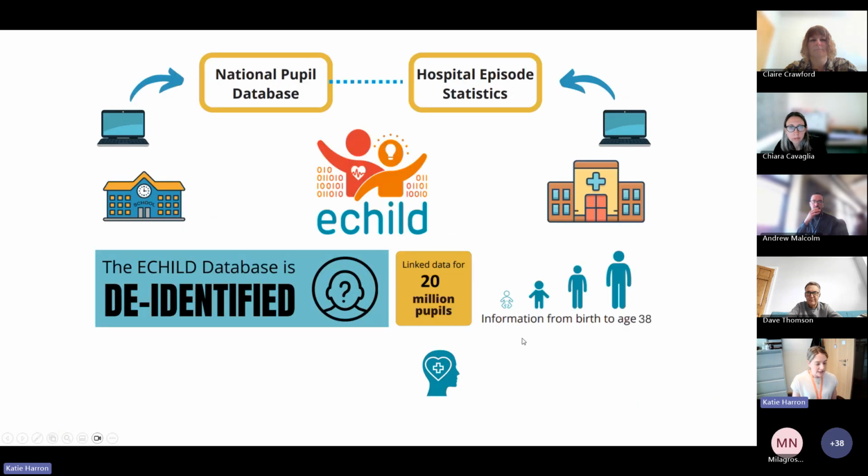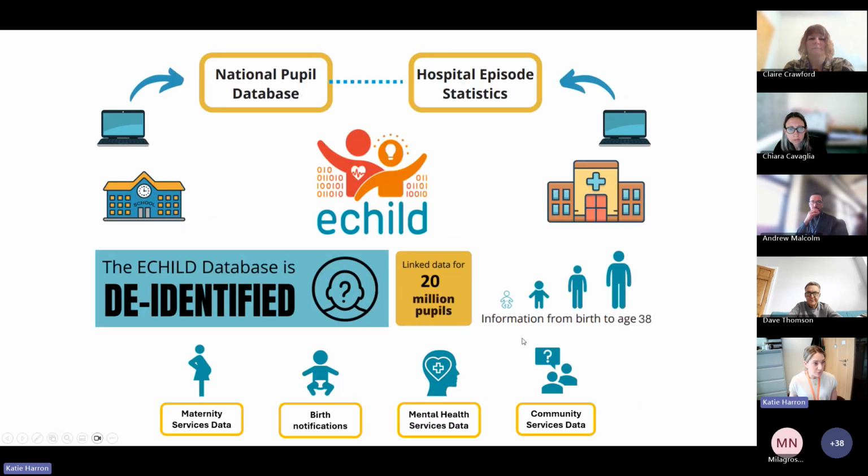Oh, yes, I did want to say for anyone who isn't familiar with ECHILD, just to give a brief context, ECHILD is a national population level data set that brings together administrative data from health and education and children's social care. So primarily hospital episode statistics, including inpatient, outpatient, emergency data. Also maternity services data, mental health services data, community services data, and information on births and deaths.